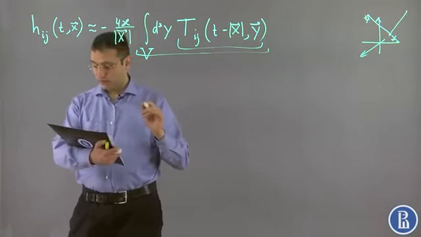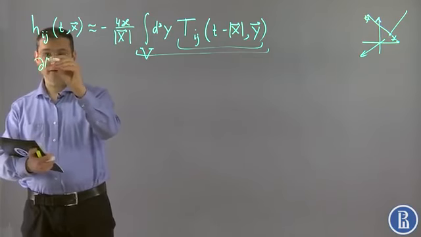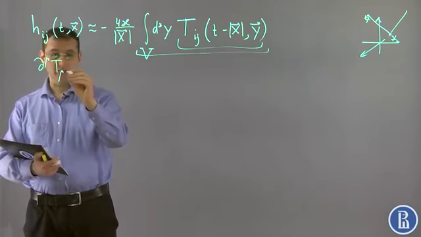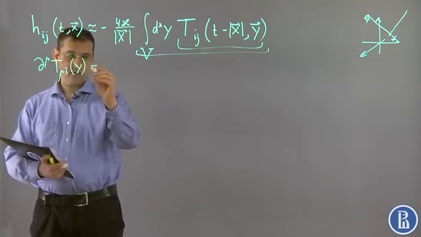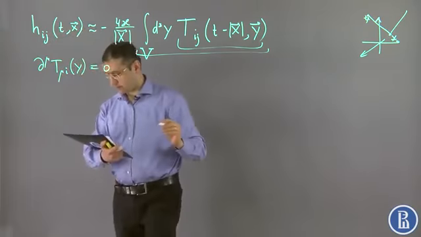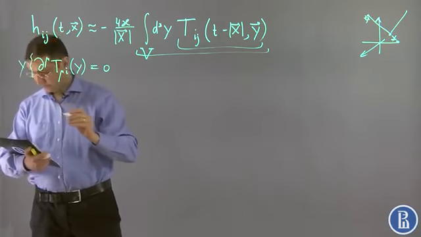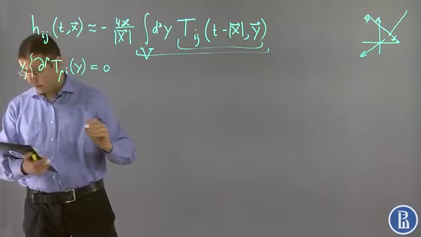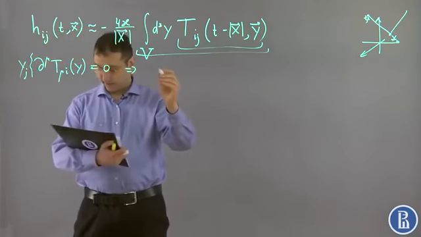So we will do the following trick. Let us consider the spatial part of the energy conservation. So this conservation law. Multiply it by yj and integrate over dy.